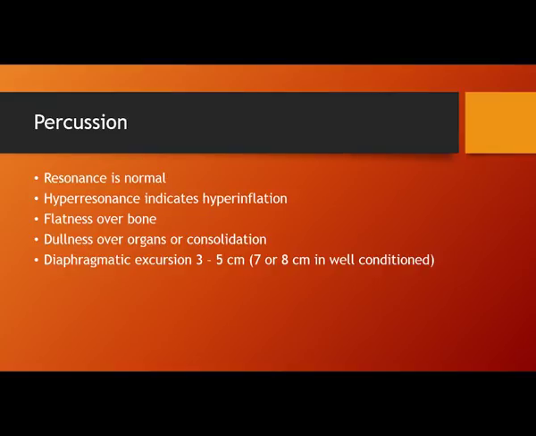Then you ask them to breathe in and hold their breath that way with their lungs full, and do it again. There should be at least 3 to 5 centimeters of difference between the two marks. And if they're extremely well conditioned, there could be 7 or 8 centimeters.